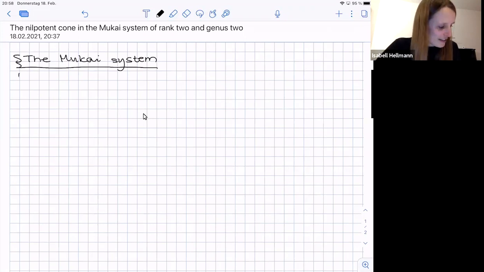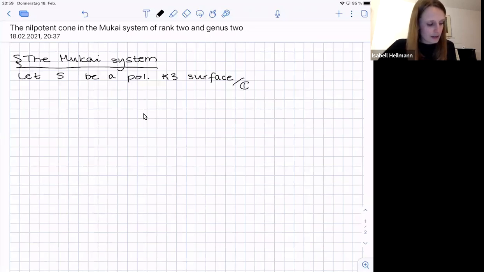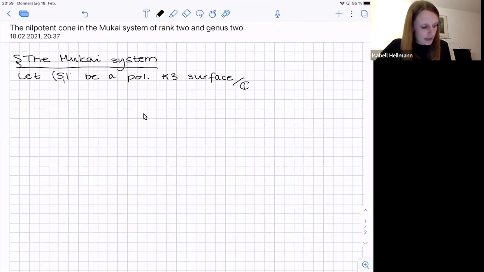All right, so the story starts with a K3 surface, which I take to be polarized. And everything here is over the complex numbers. So the polarization will be given by an ample line bundle on S, which I denote by H. So this is an ample class, but I want to think about this as a curve class.